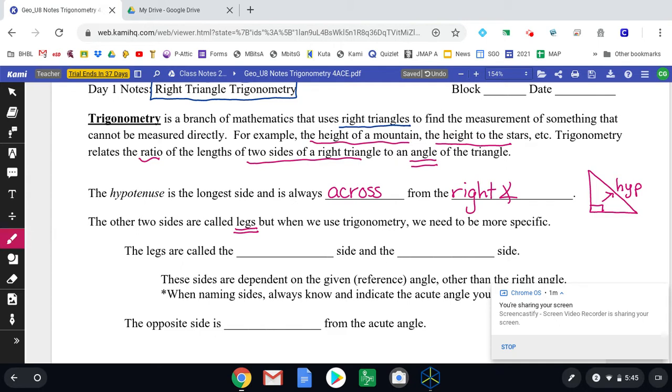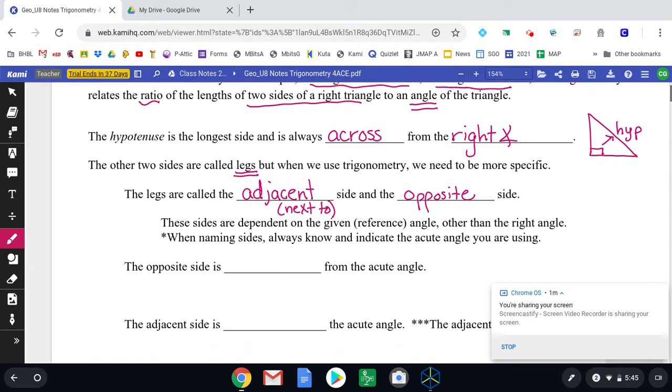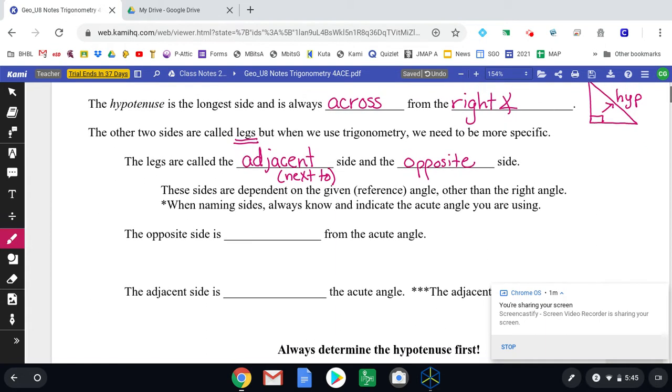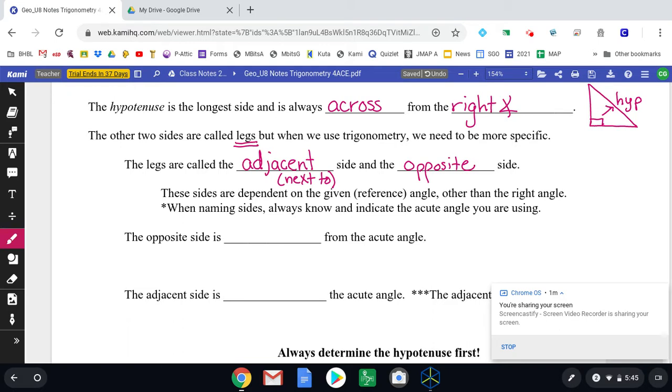So we either have what we call the adjacent, and remember adjacent means next to, and the opposite side. Now, depending on the kind of triangle we're given is going to depend on what we call the adjacent side and what we call the opposite side.